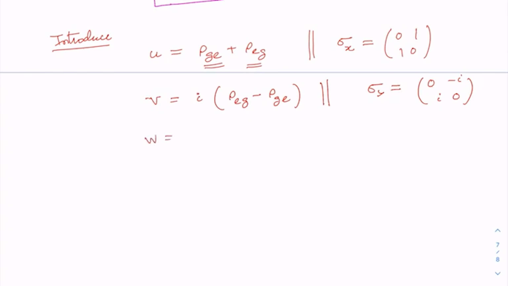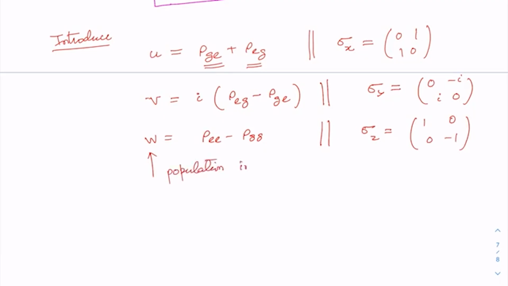And the last one, w, we can define as rho_ee minus rho_zz, and that is the so-called population difference or population inversion. And sigma z, it should remind you about that, it is 1 0 0 minus 1. Okay, this is population inversion.